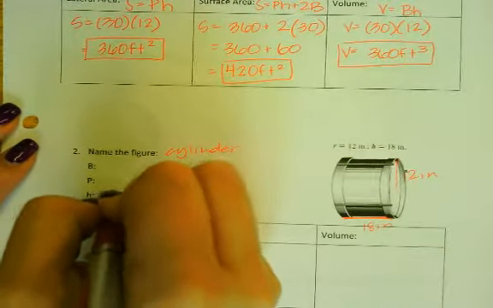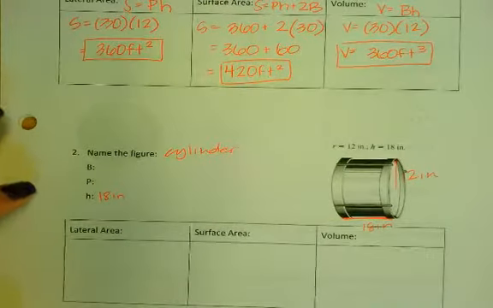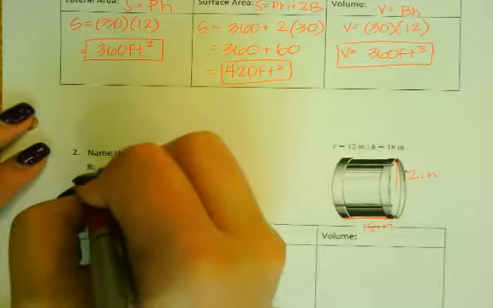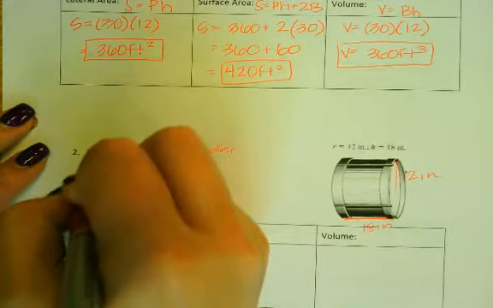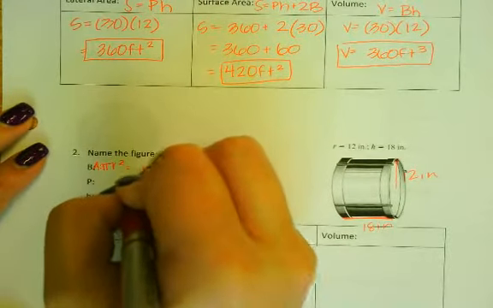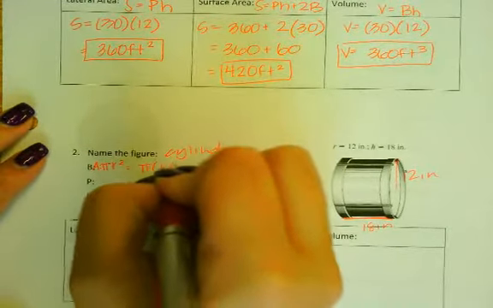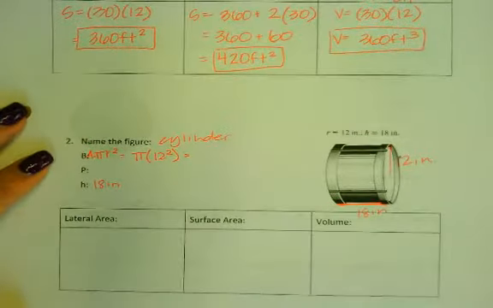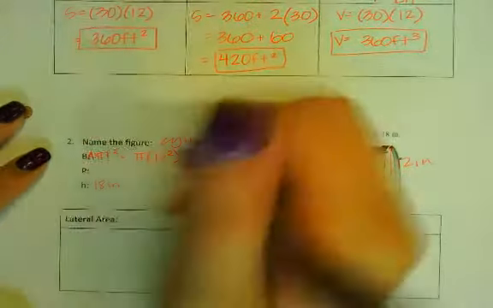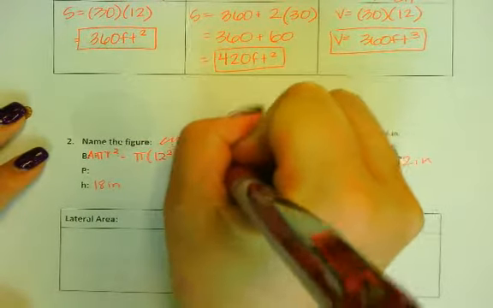Okay, in terms of pi, our area of our base is pi r squared. Okay, so I have pi times 12 squared. So leaving it in terms of pi, what do you get as your area? 144 pi inches squared.